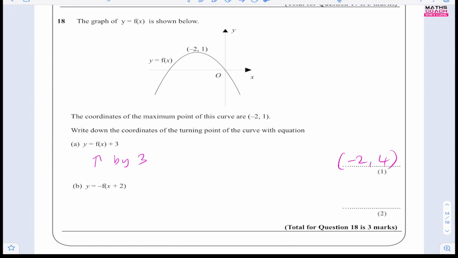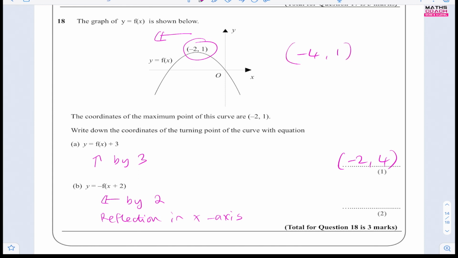And for part B, we are told that there is a negative transformation right there and the +2 inside the bracket. The +2 inside the bracket means it goes this way by 2, and the negative will mean a reflection in the x-axis. So let's start off with our shift by 2. So this will go this way by 2, giving us -4 and 1.